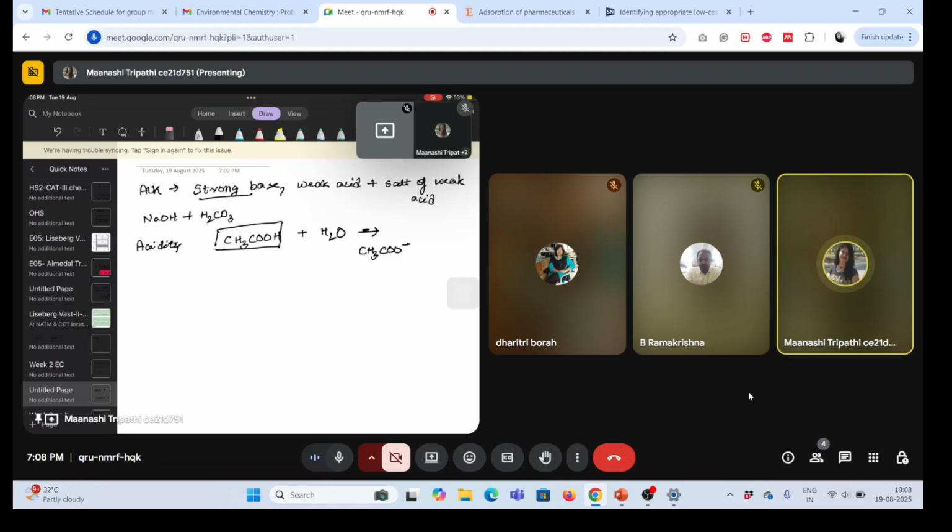If it is reacting with sodium hydroxide, then it will be CH3COONa. I'm just writing it like this. What will this become? This will become a conjugate base.